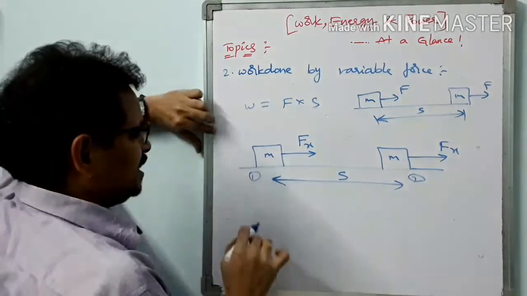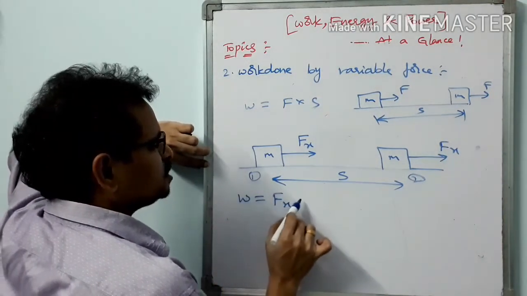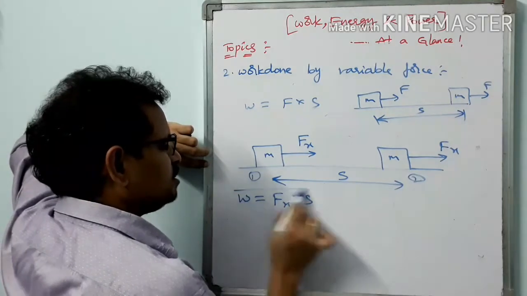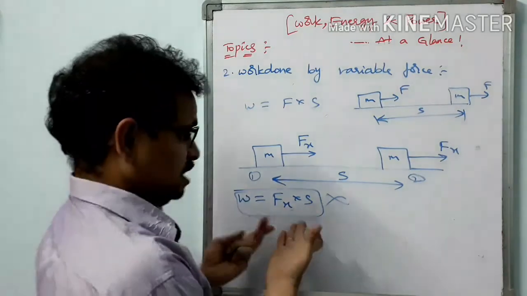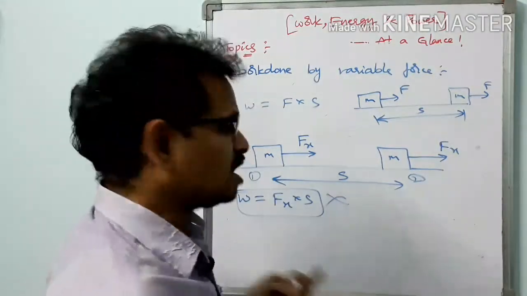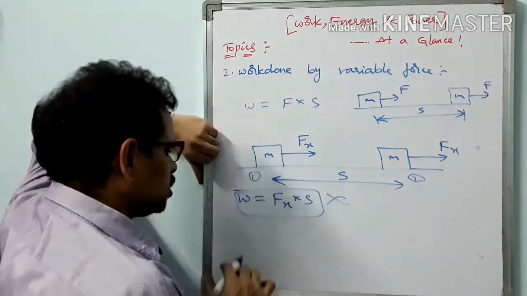In this case, can you write simply W, total work done, equal to force into displacement? No, you cannot write like this, because f of x is not constant. So what value will you put here? So we cannot write it like this.